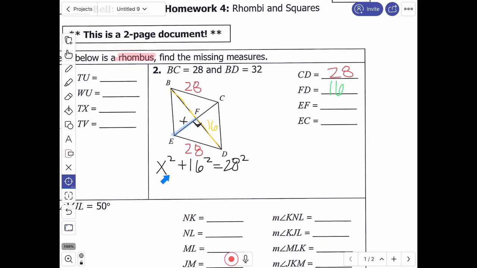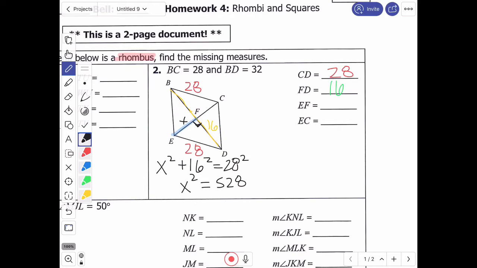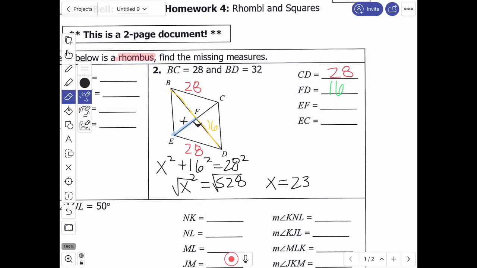So when I solve this, I take 16, I square it, and then I subtract that from 28 squared. So then I'm left with x squared equals 528. And then I can take the square root of both sides to get x equals 23. So that means EF is 23.